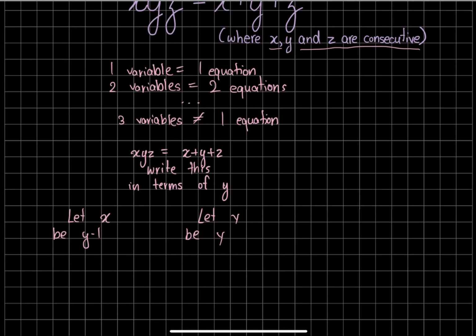So that isn't really needed, so we can ignore that. And our last one, let z be y plus 1. Because y minus 1, y, and y plus 1 are all consecutive.